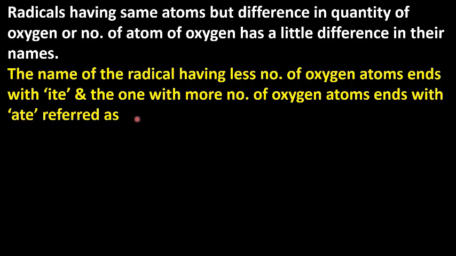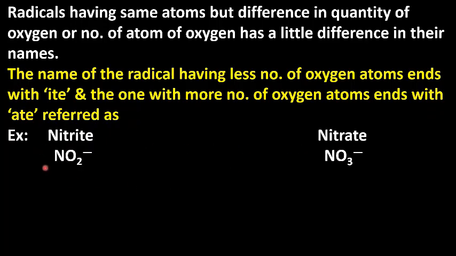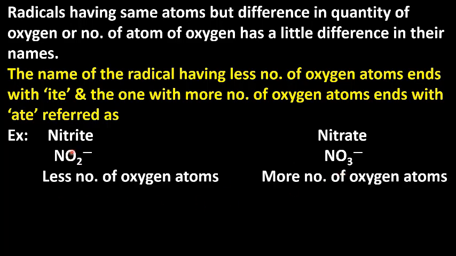Let us have an example. Nitrite, nitrate. Nitrite is NO2 minus, the nitrate radical is NO3 minus. Here less quantity of oxygen, here more quantity of oxygen. Therefore, the radical with less oxygen is referred to as ITE and the radical with more oxygen is referred to as ATE.